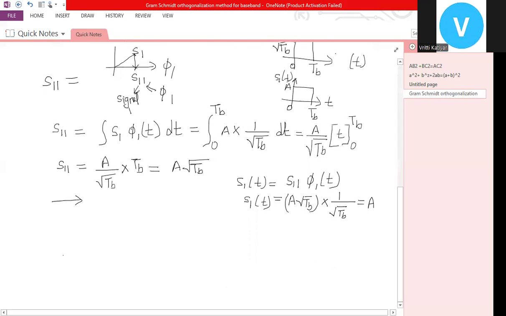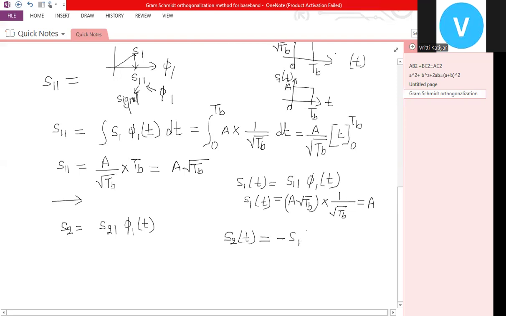Now we are looking for signal S2, and signal S2 can be written as S21 phi 1. As we mentioned previously, we only have one orthonormal basis function, but the two signals are not independent of each other. It means S2 can be represented in terms of S1 and vice versa.